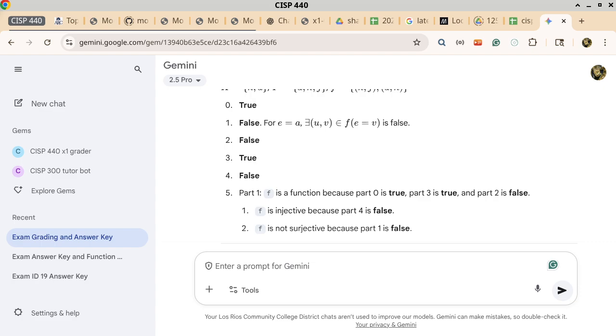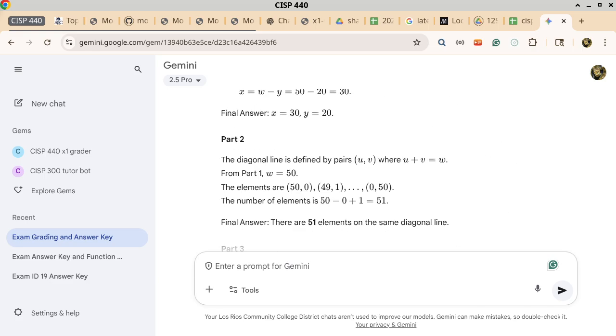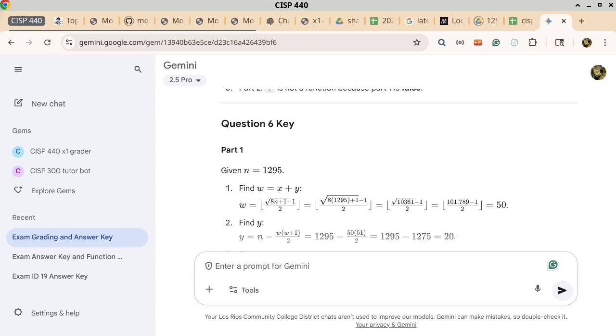But it also illustrates another point. The AI was able to figure out the answers to everything. The only thing I had to upload was the G function. Okay, so the last question, because it was able to figure out what is Cantor's mapping function, but it's using a different definition where the x and the y are reversed. You can kind of imagine that if I traverse the diagonal line this way and another mapping mechanism traverses the diagonal line in the opposite direction, it will still get the job done.